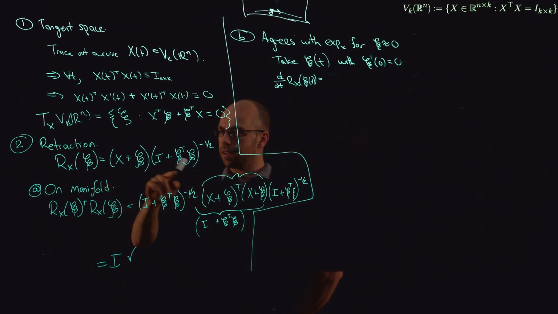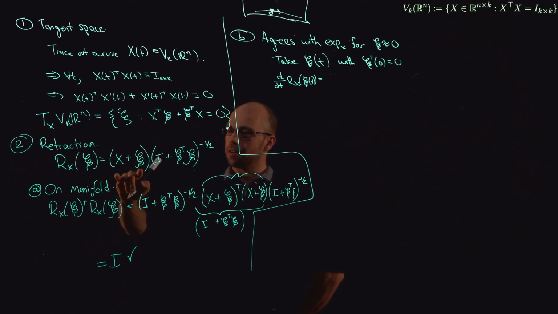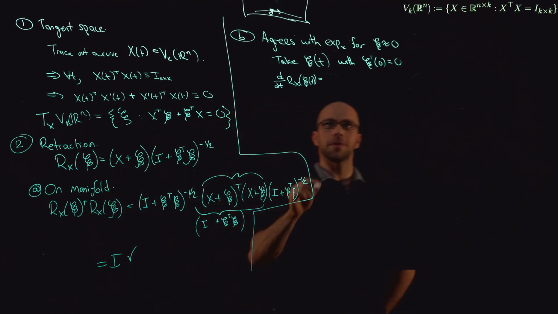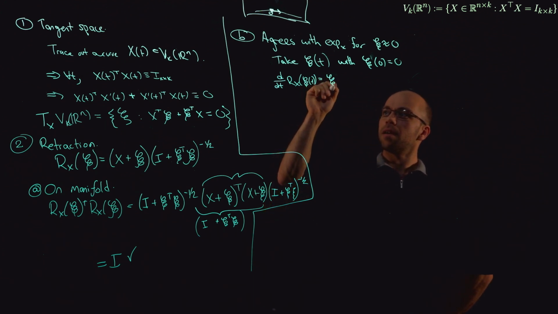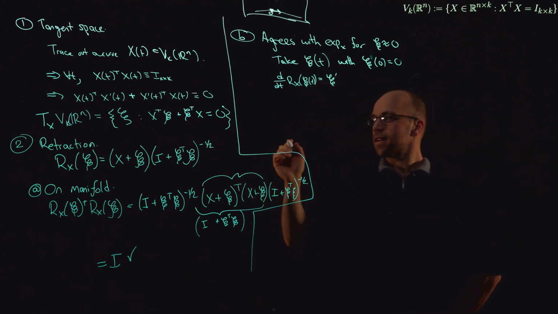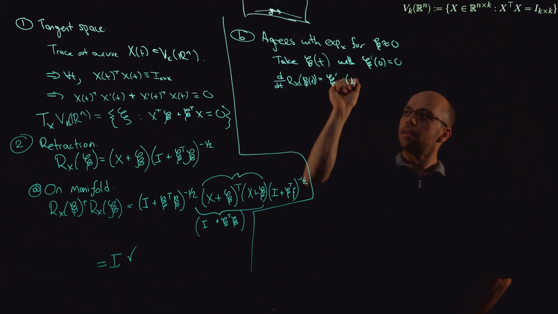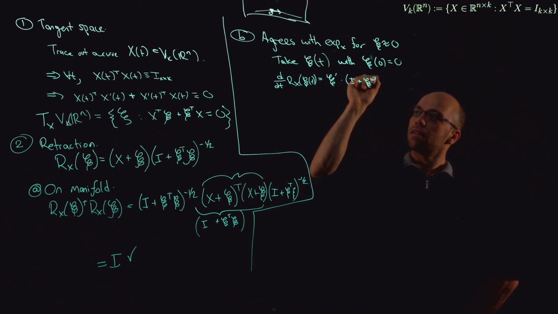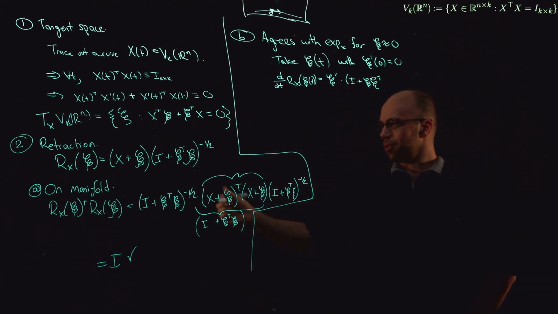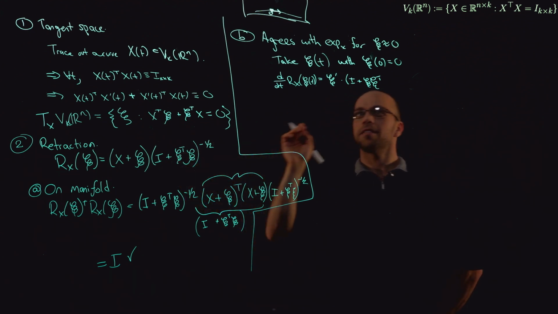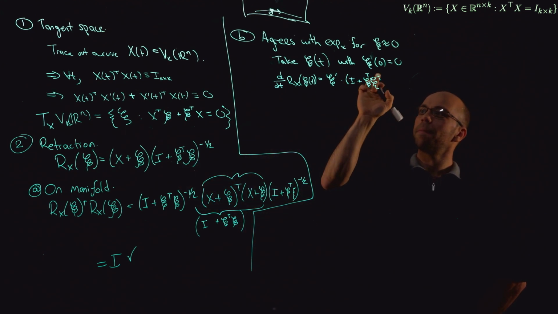The first time we do that, on the left term, x is constant, and we just get xi prime times the identity matrix plus xi transpose xi, all that to the -1/2. These are getting progressively messier.